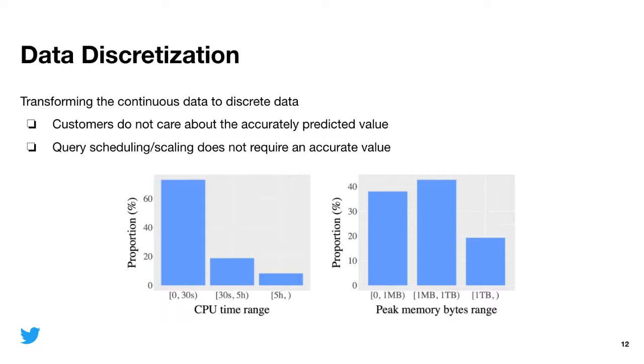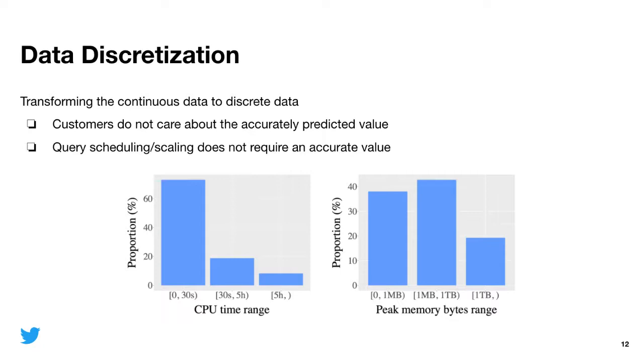Another is query scheduling and scaling. It doesn't require an accurately predicted value. Instead, it mainly would like to know whether this is a resource consuming query, a lightweight query, or a medium resource consuming query. So that's why we put the CPU time and peak memory bytes into 3 ranges.